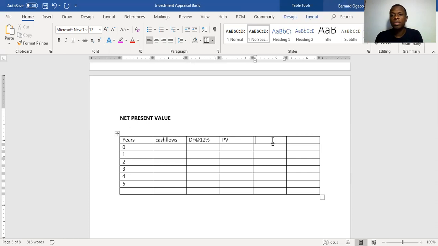normally internal rate of return requires you to get a low NPV and a high NPV. If your first NPV is positive, the next rate should be a smaller or a lower rate. For instance, if we use the discount factor of 12%, and at the end of the day, we get a net present value, the addition of all this minus initial outflow, that is negative.